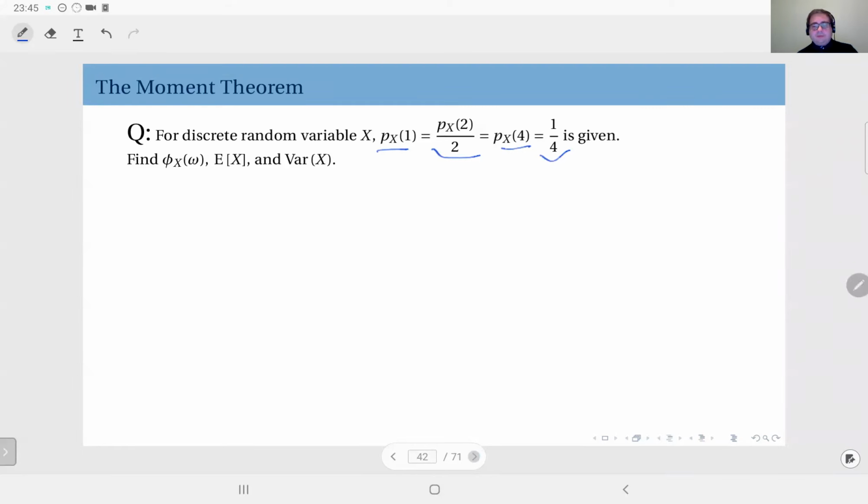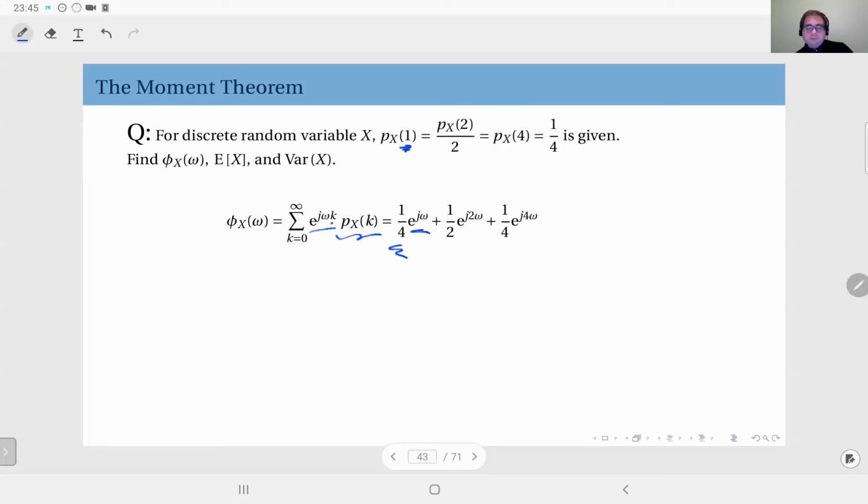So first of all, let's find the characteristic function. Just apply the definition: the expected value of e to the power j omega x. So that is the sum from k equals 0 to infinity of e to the power j omega k, weighted by the PMF value at each k value, each outcome. At k equals 1, the probability is 1/4, and when you plug in k equals 1, you get e to the power j omega.